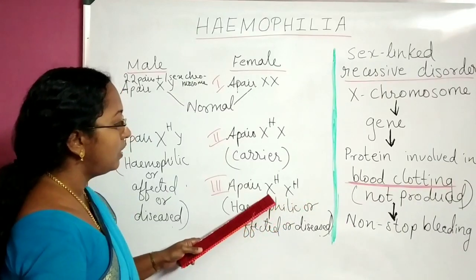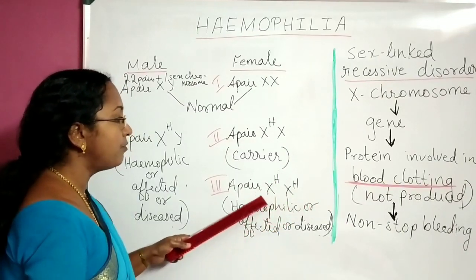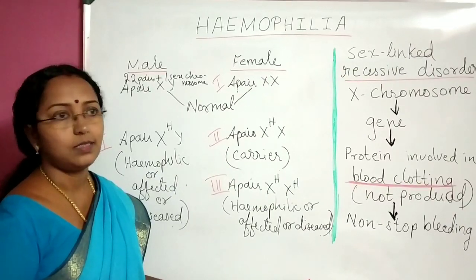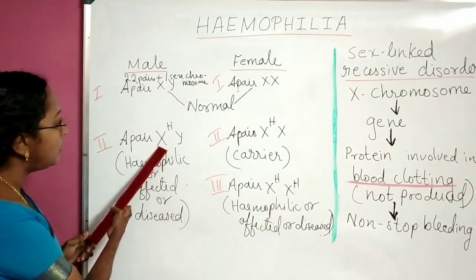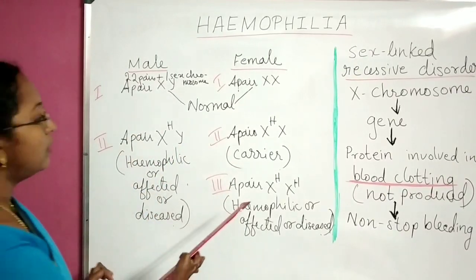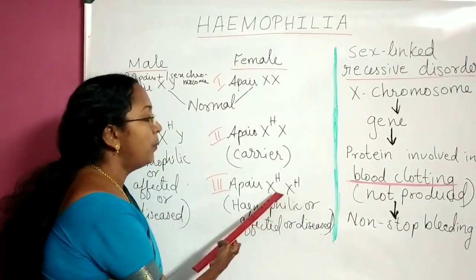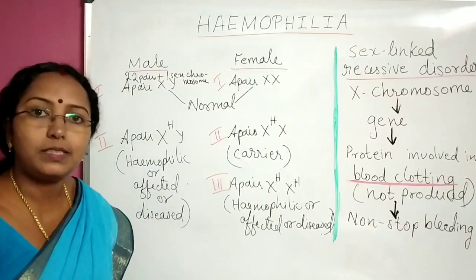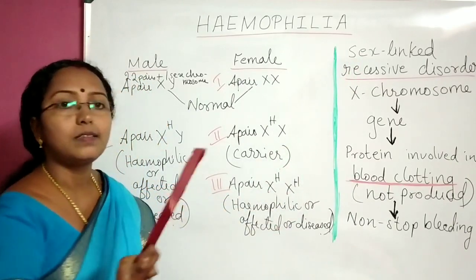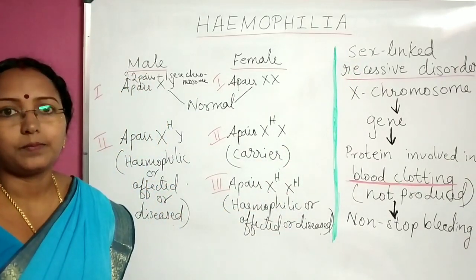You can see here XH, XH. Only if both are affected, the disease occurs. Here there is no need for both because only one is there, it is diseased. Here since two are there, both of them should be affected. Only then you will get the disease. That is why it is recessive disorder.